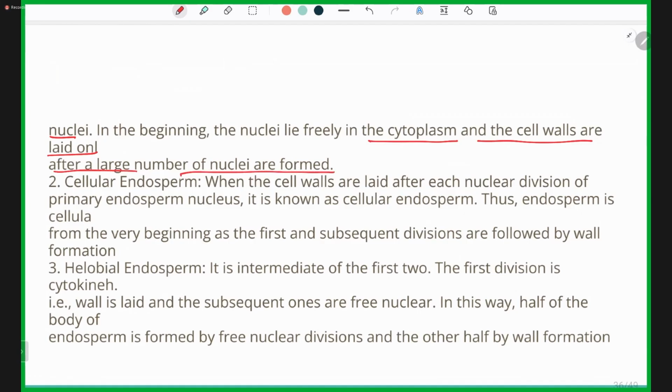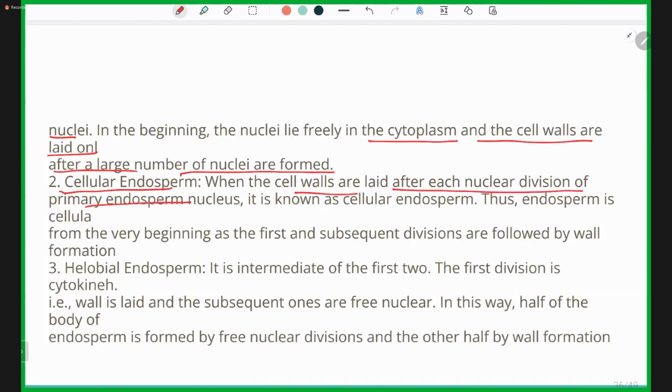An example of this is coconut water. The coconut water is actually free nuclear endosperm, after which the cell walls are produced and give rise to the coconut meat which we usually see.